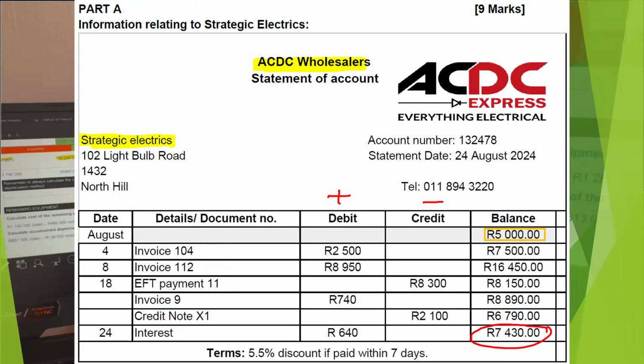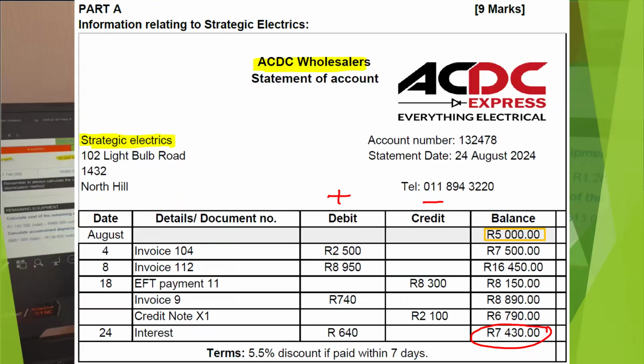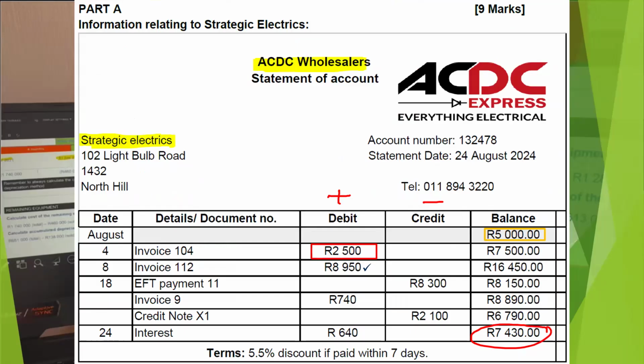Now, when I compare these two statements, statement of account as well as the creditor's ledger, I notice that these two amounts will be different here. I don't know who's wrong. When it comes to 8,950, I've got it this side, so I will just tick. 8,300, I've got it this side, so I will just tick.